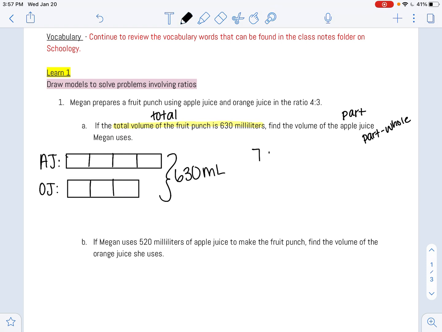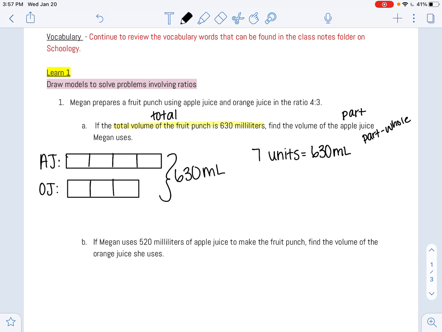So my 7 units is equal to 630 milliliters. Well, it might be helpful for us to figure out how much 1 unit is so that I can find 4 units of just apple juice.